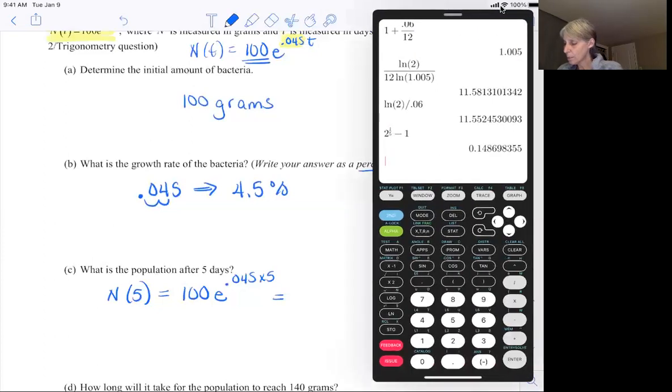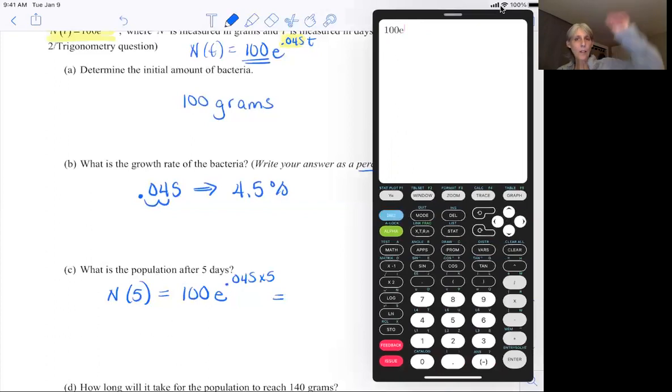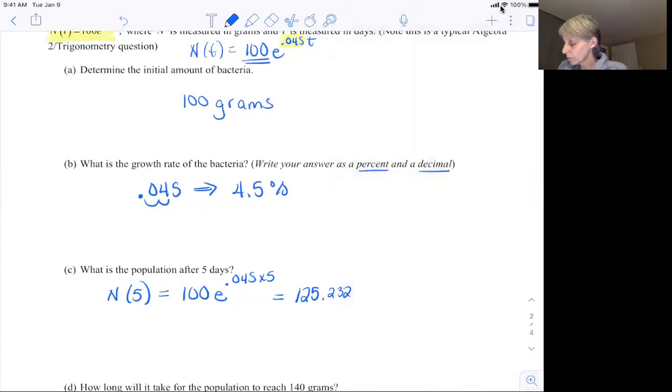This is a simple plug-in. 100, we're going to use that second ln key, e, it's going to put that little raised to for you, 0.045 times 5. Hopefully I did that right. 125.232 grams. So, that simple plug-in.